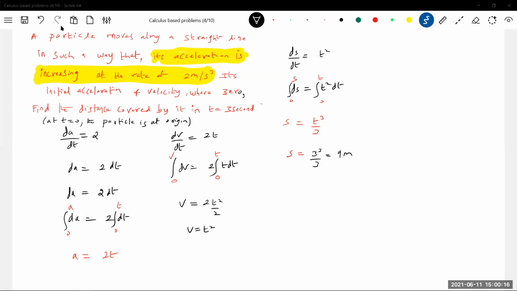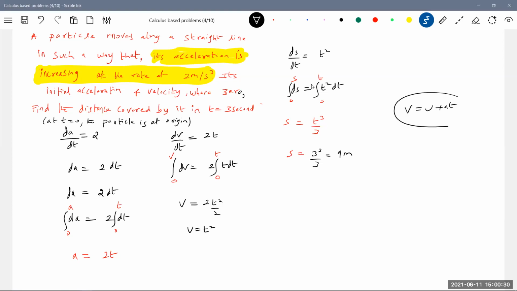You should not use the V equal to U plus AT formula. Why? Because the acceleration is varying. This is applicable only for uniformly accelerated motion.